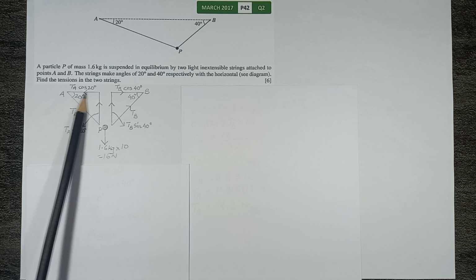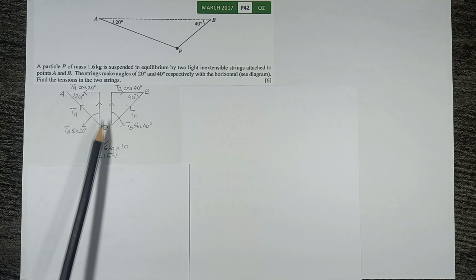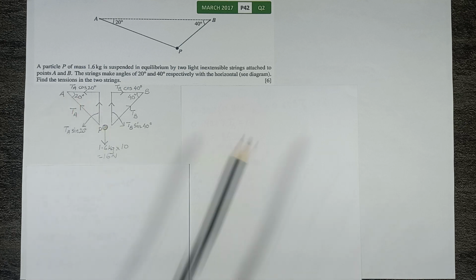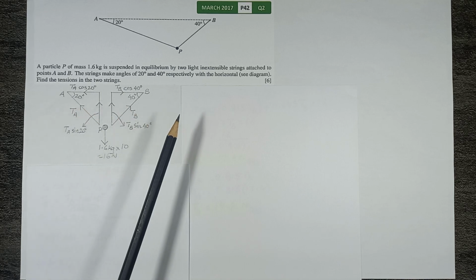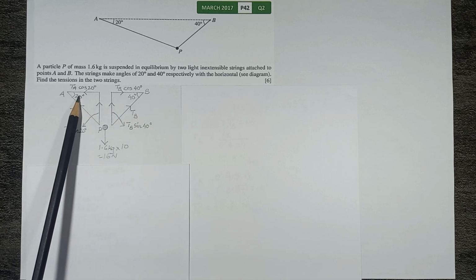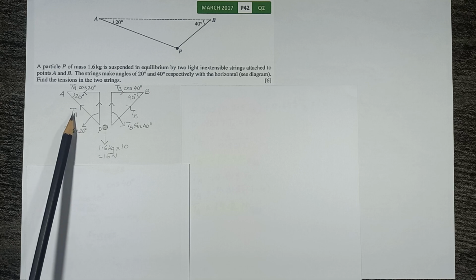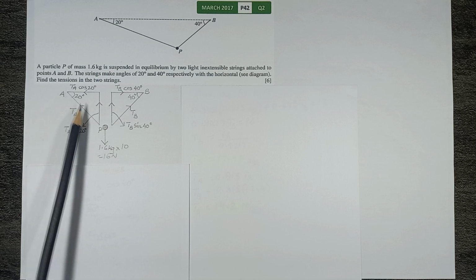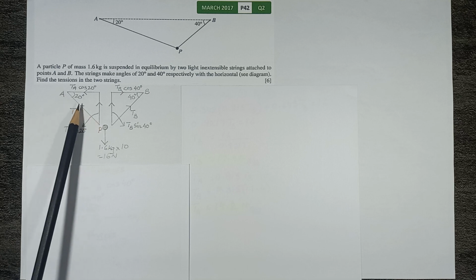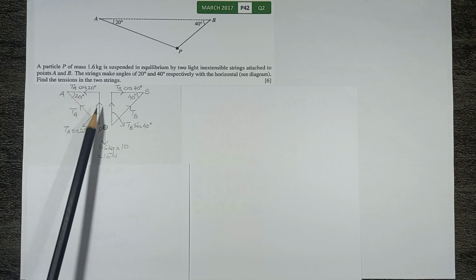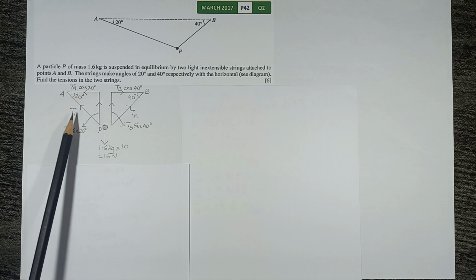So we have split it up into horizontal and vertical conditions, and this TA is acting like a force, or in a right angle triangle, like a hypotenuse.